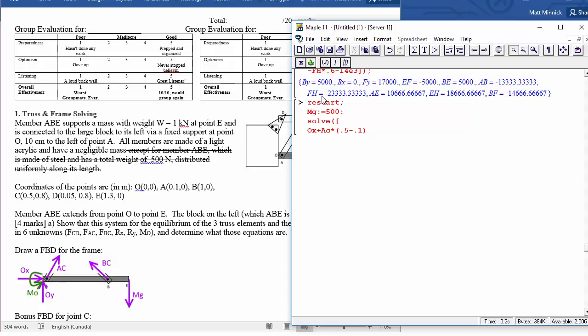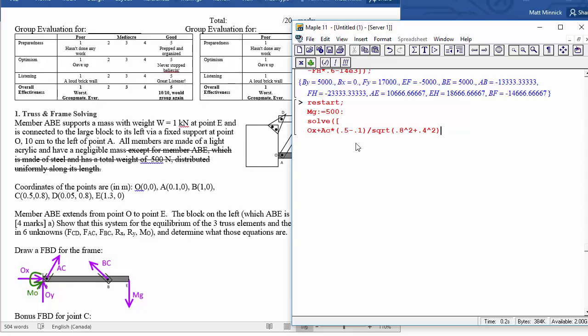That's the x part of it, so 0.4. And then we're going to divide by the square root of its rise, 0.8 squared, plus that 0.4 squared. Okay, so that'll be AC's x component.